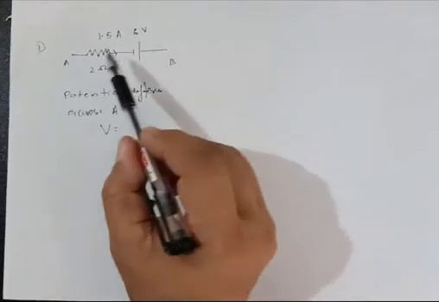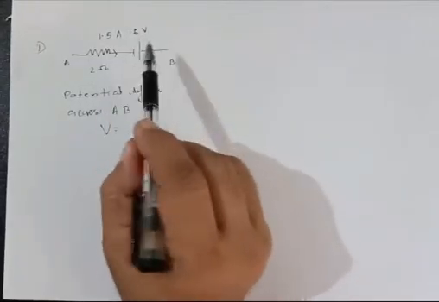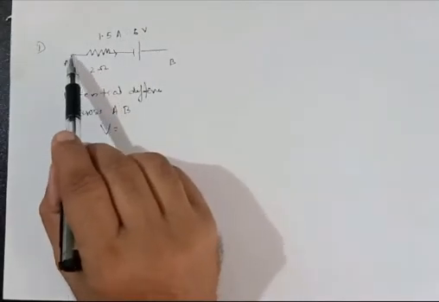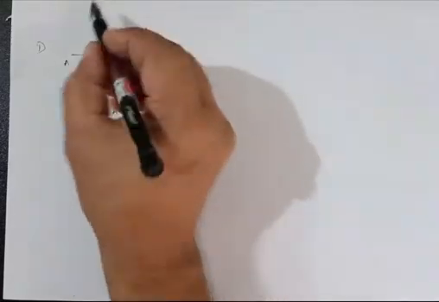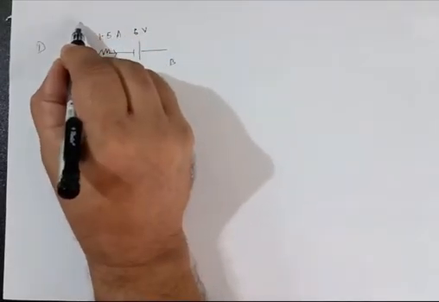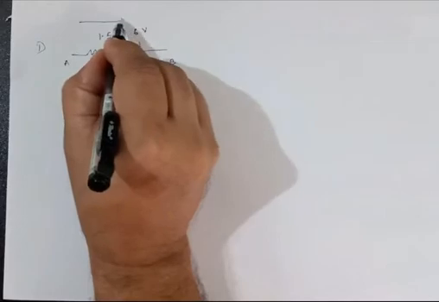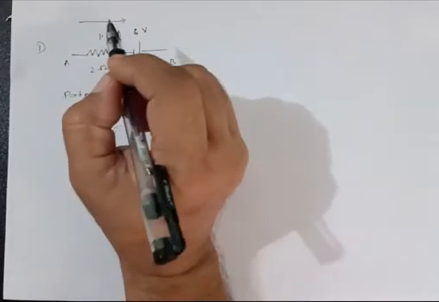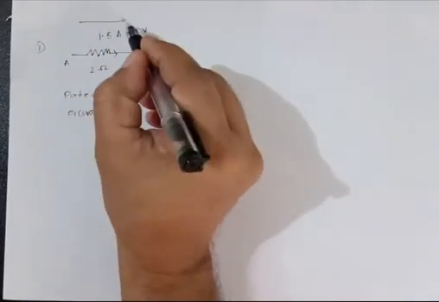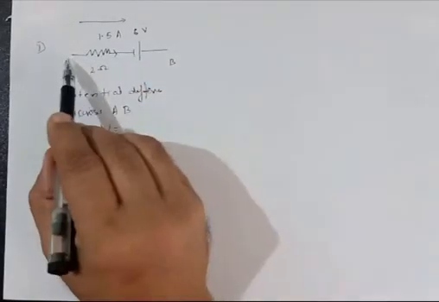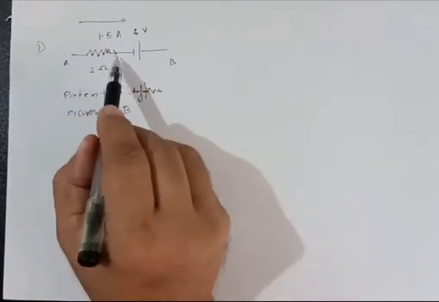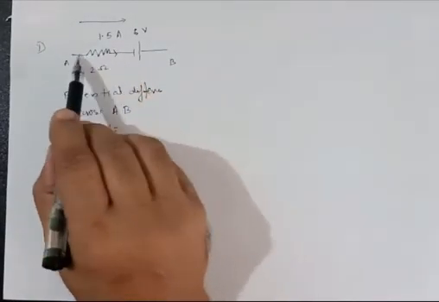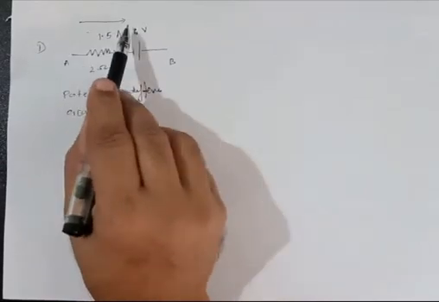So you can find out, if you start from here to here, let's just make the measurement in this direction, as shown in the arrow. Across the resistor, the potential drop will be negative because we are taking the measurement in the direction of the current.